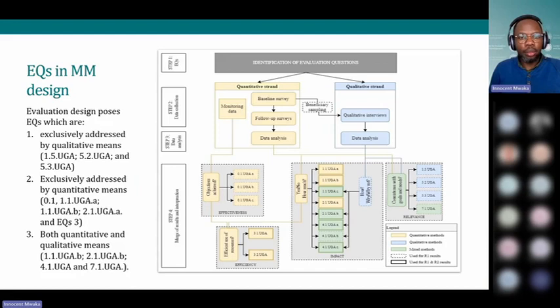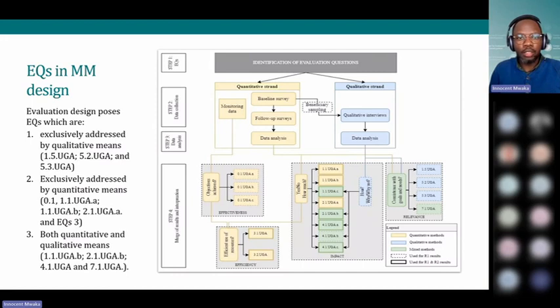And here, just to give you a broader overview, I mentioned already that it was quite a quantitative evaluation. The colors that you see are not for you to understand exactly the project, but just to see how we mix the different methods.